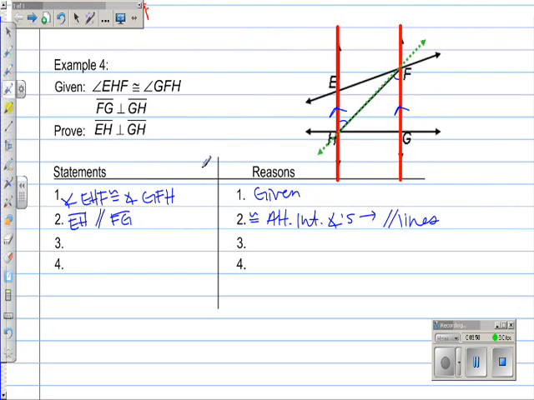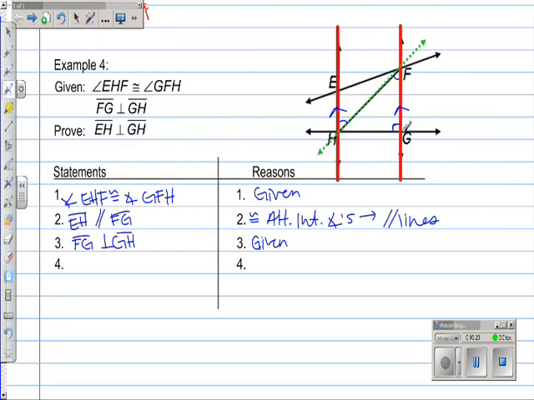From here we don't know anything else, so we can move on and say segment FG is perpendicular to segment GH, because it's given. And we know that FG and GH being perpendicular tells us that those form a right angle right there. Now we're supposed to prove that EH is perpendicular to GH.